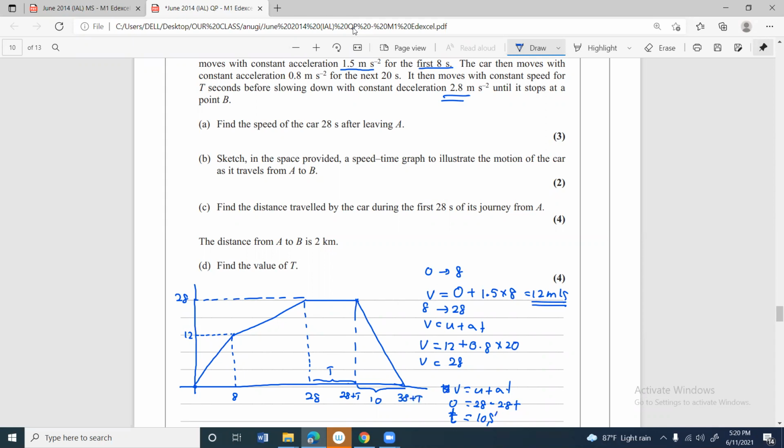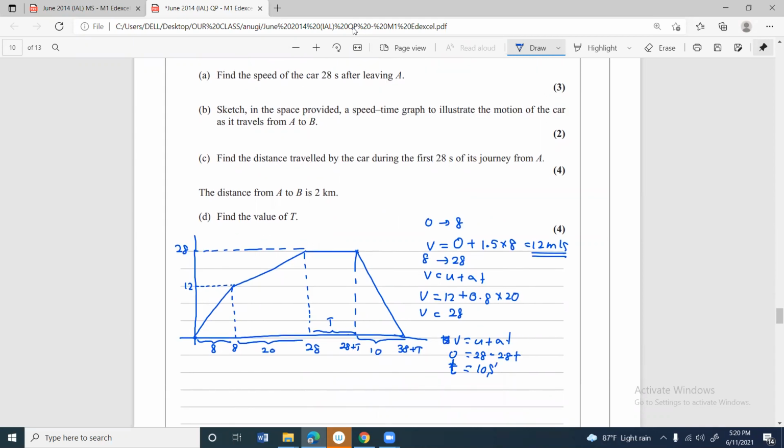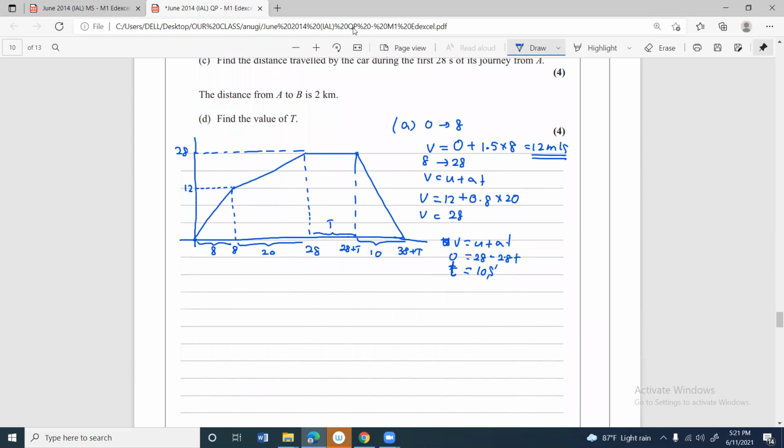Right. Here the time is 20 seconds and here the time is 8. Beyond these facts, find the speed of the car 28 seconds after leaving A. We already got this answer, that is part A's answer. Sketch the speed-time graph for this motion over here. Find the distance traveled in the first 28 seconds. That means the first 28 seconds, up to here. That means you need to find the area over here.